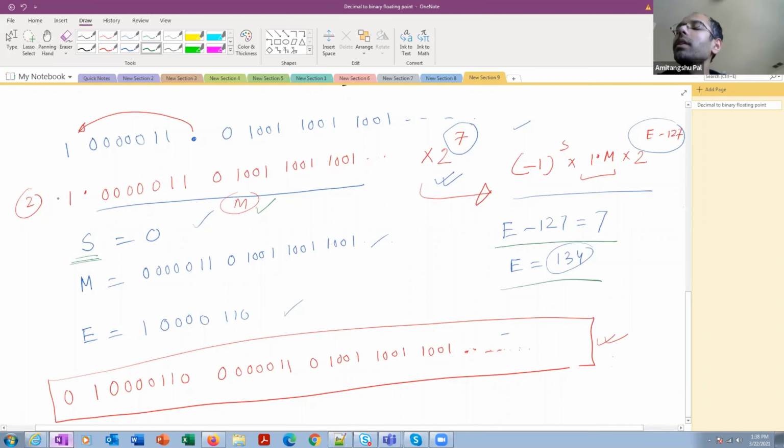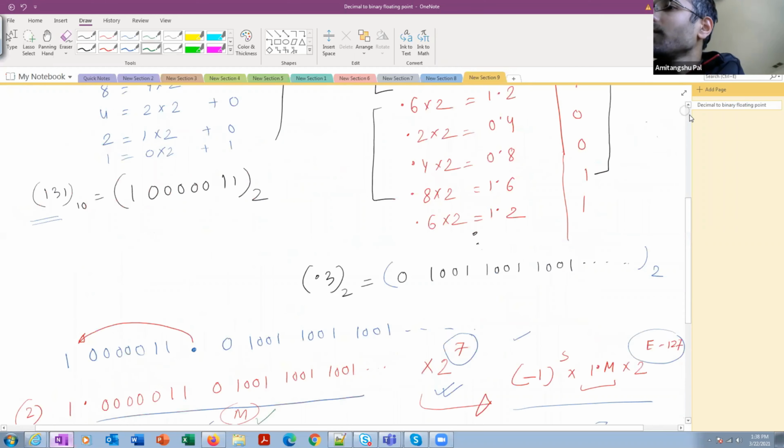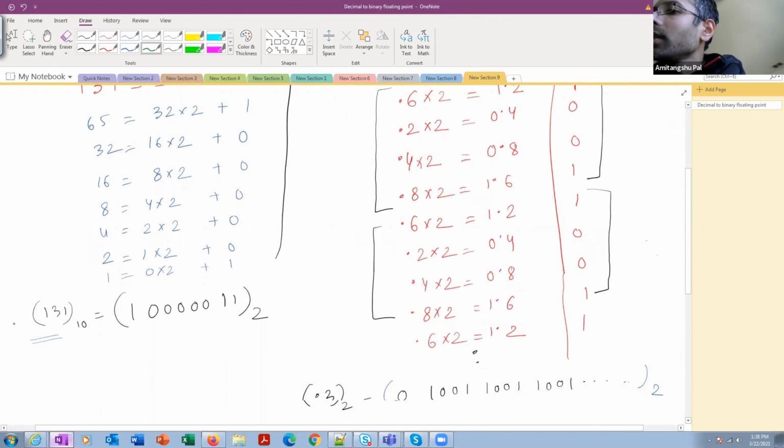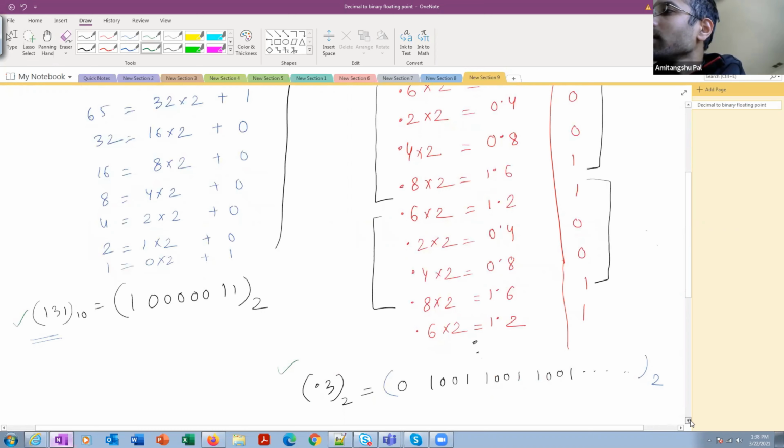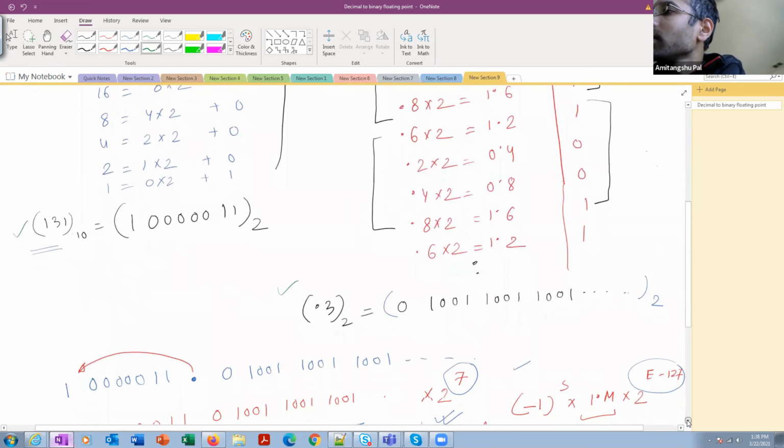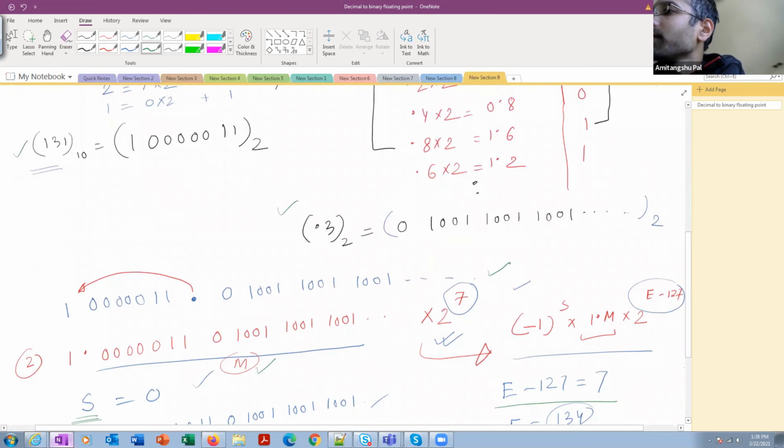So in this way you can convert from decimal to binary in case of floating point representation. The steps are the following. The first step is to convert the integer part to binary and the fractional part to binary, and then write it in this format.